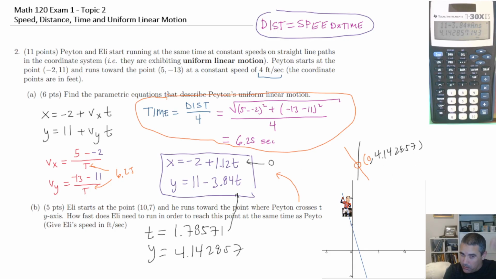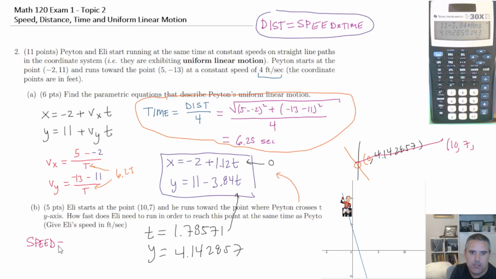And if you think about what the question's asking, it's saying, how fast does Eli need to run? If he's running from the point 10, 7, somewhere over here, to this point. Well, we know everything we need. So now it's a question of finding speed. How do we find speed?